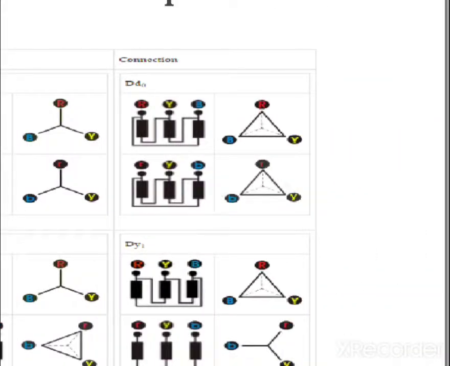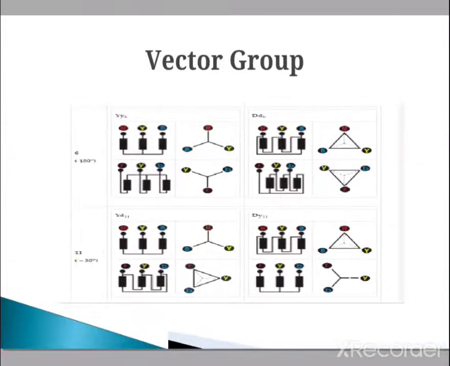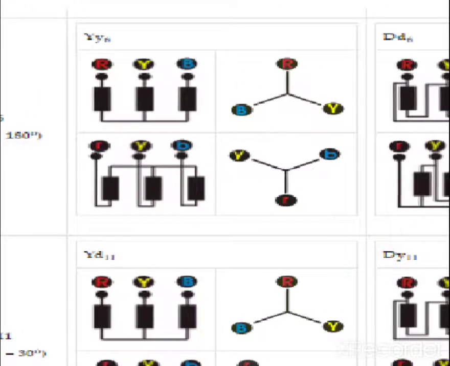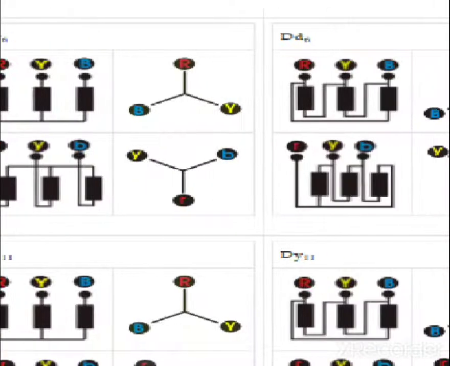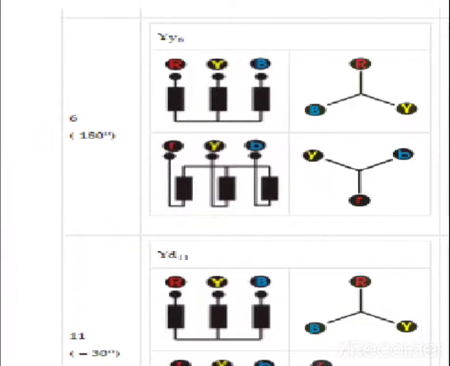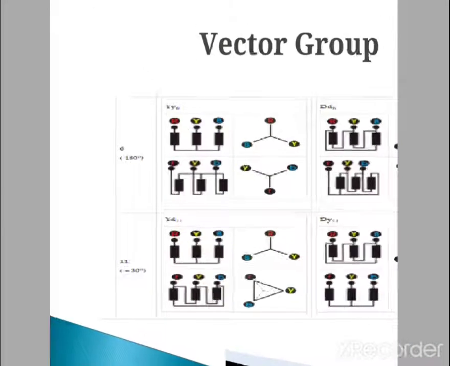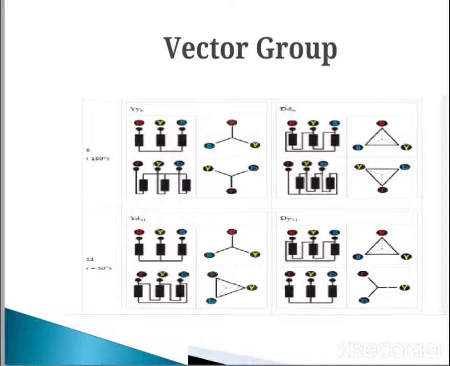Then the next group, that is 180 degree: for 180 degree we see YY6 connection and DD6 connection. Then for minus 30 degree we show the connections for YD11 and DY11. These are the vector groups of the transformer.